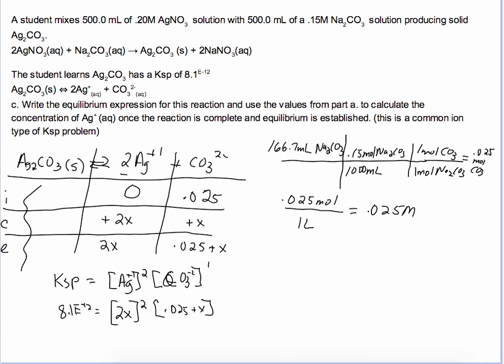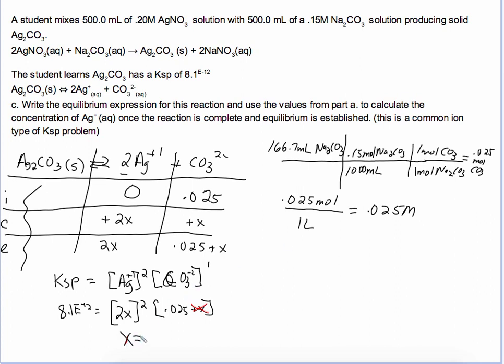However, this x right here is going to be very, very small. To avoid using the quadratic equation, we can just drop that x. You can drop it when it's very small. Okay? And so we'll just drop that and then work out the math here.